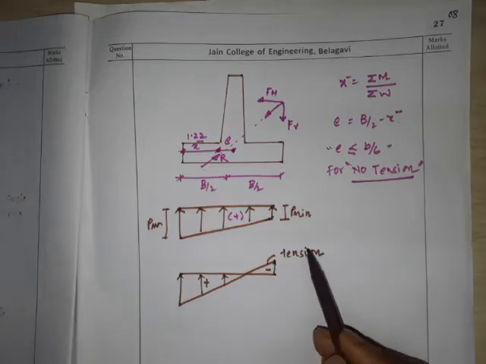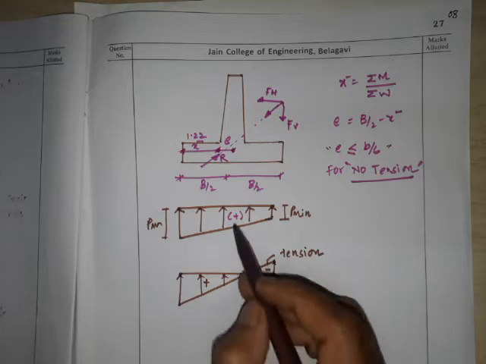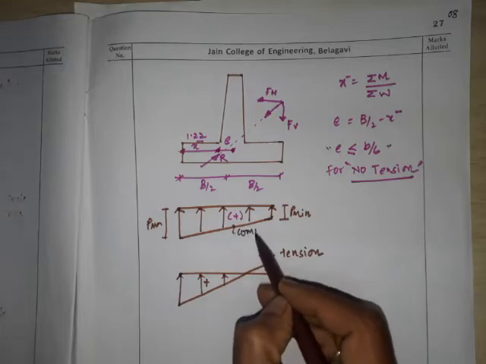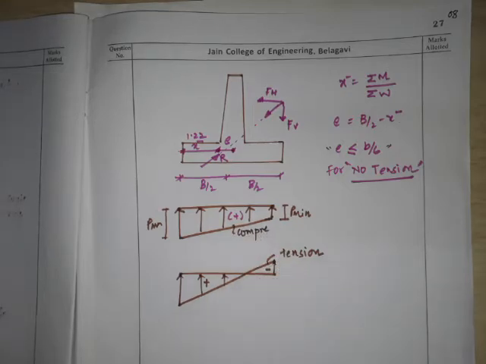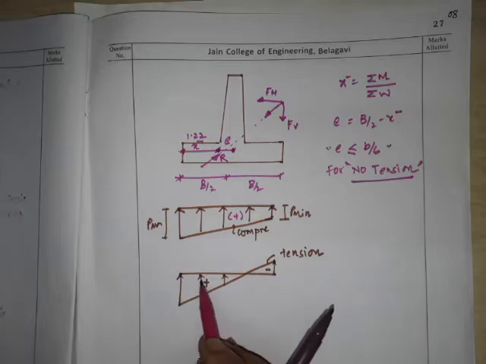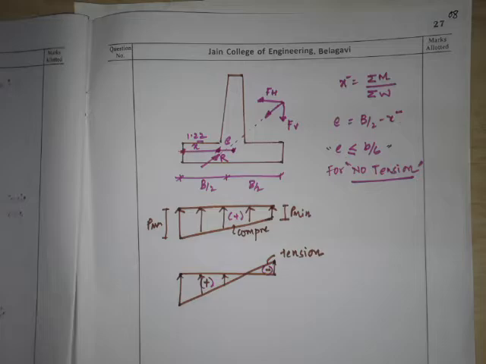It will develop the tensile force. Positive means totally in compression. So this side it is positive, this side it is negative. Correct? So this will develop a tension and the retaining wall may fail due to settlement.